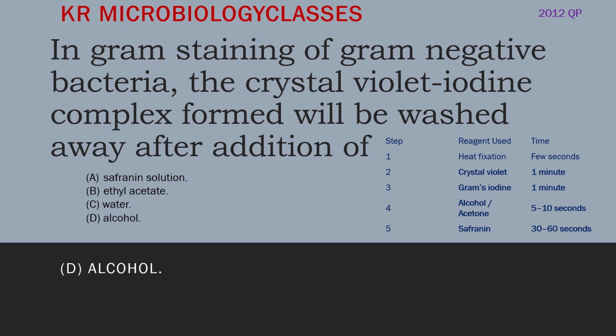So what you have to understand is that in gram staining of gram negative bacteria, the crystal violet iodine complex formed will be washed away after addition of alcohol. This complex is removed using alcohol, which we may call the decolorizing agent. So the correct answer is option D, alcohol.